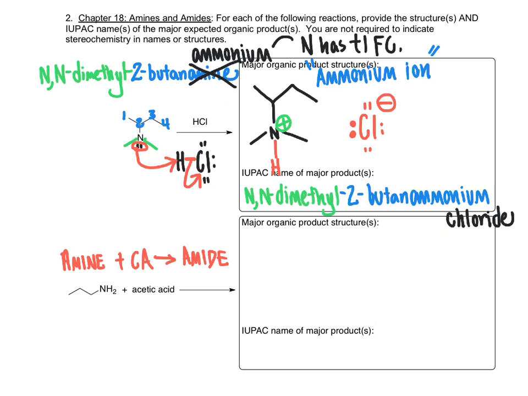So we'll do this here for our amine, which would be propanamine, and acetic acid, which you'll recall hopefully is the 2-carbon molecule that has our carboxylic acid functional group. So we'll go ahead and draw out the structure that results from this reaction, which is going to correspond to having the carboxylic acid carbonyl group intact, and then the OH group of that replaced with the nitrogen atom from our amine.